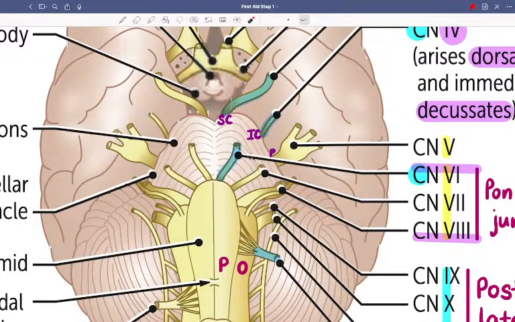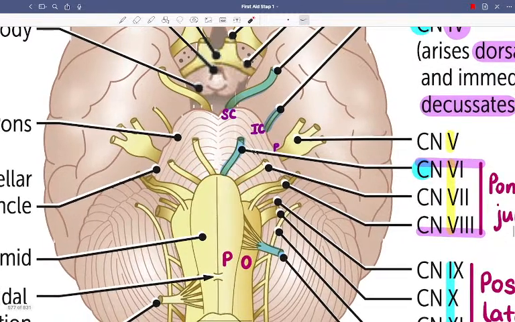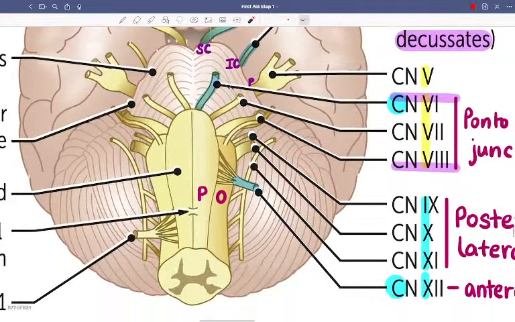Below the level of the pons is the pontomedullary junction. 5th is the only one that comes out properly at the level of the pons, and 6th, 7th, 8th are at the pontomedullary junction. So this is done.